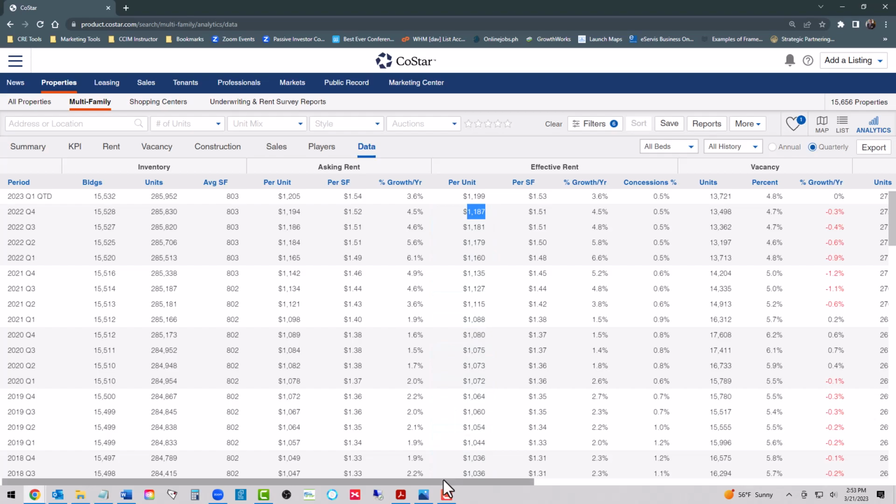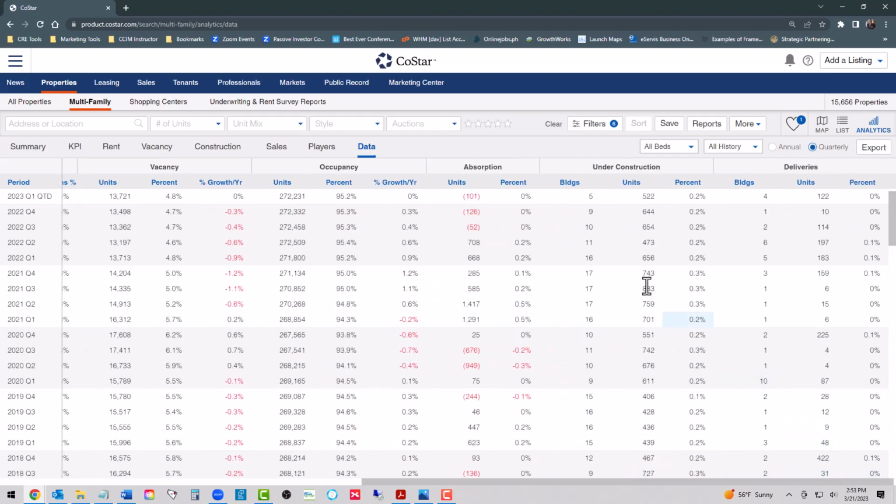Let's see if absorption tells us the same story. So I'm going to discount these deliveries and under construction for Class C. These are probably in bad neighborhoods, and why they're being said as delivering to C's. You don't deliver C product to the market. They come to at least B's. So 668 absorbed. So good, strong absorption again between the first and second quarter, as with the A's and B's.